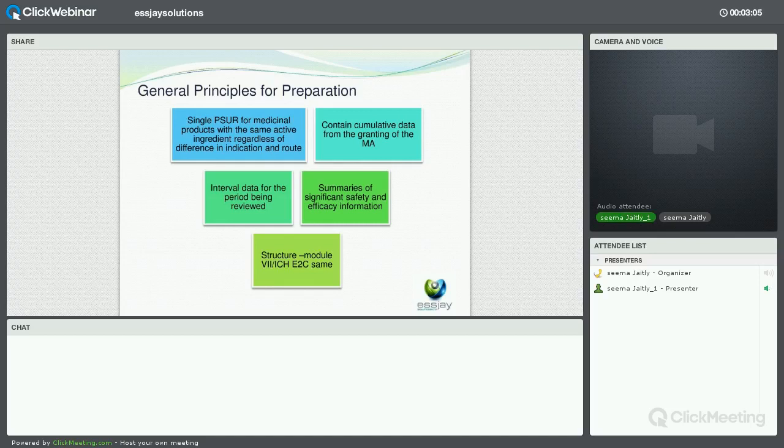As I've already said, you need to put your cumulative data in since the granting of your marketing authorization and the interval data as well for that time period that you're reviewing, and it basically contains a summary of the significant safety and efficacy information to do with your product. I think Module 7 and ICH E2C is very good to use as a structure. They're very much the same, and they really form the basis of how the report should be put together.